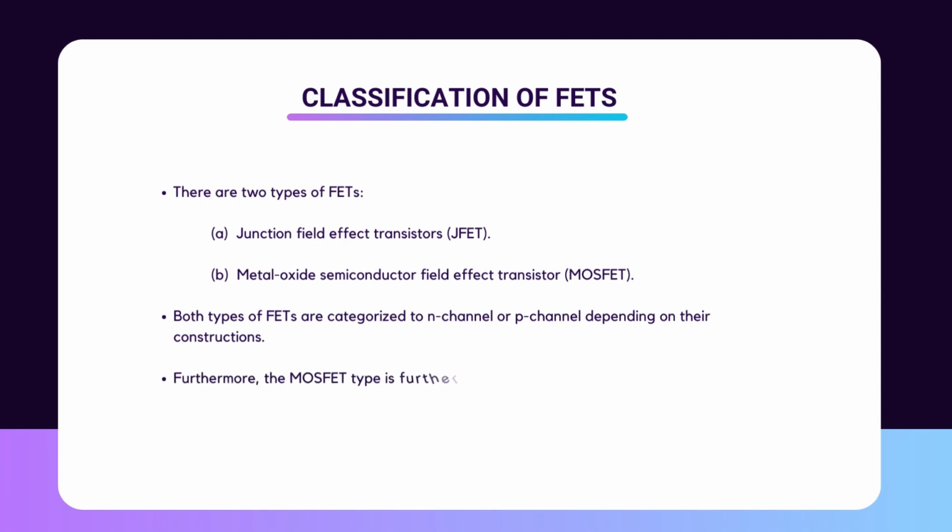Both types of FETs are categorized as N channel or P channel depending upon their construction. Furthermore, the MOSFET type is further categorized into depletion type and enhancement type. So, this is the bifurcation of field effect transistors into various categories.